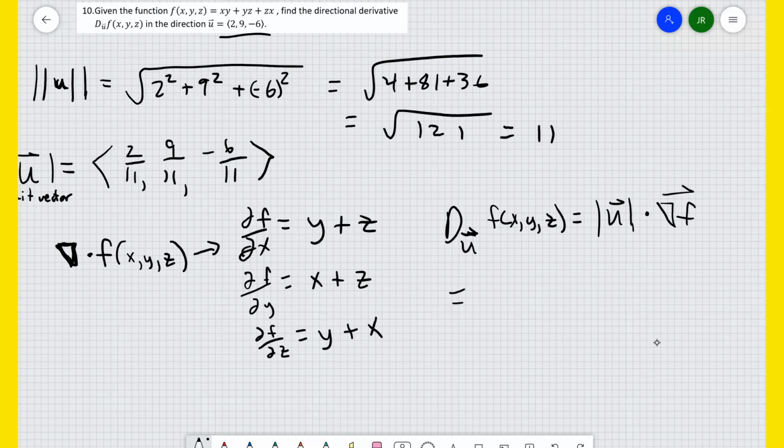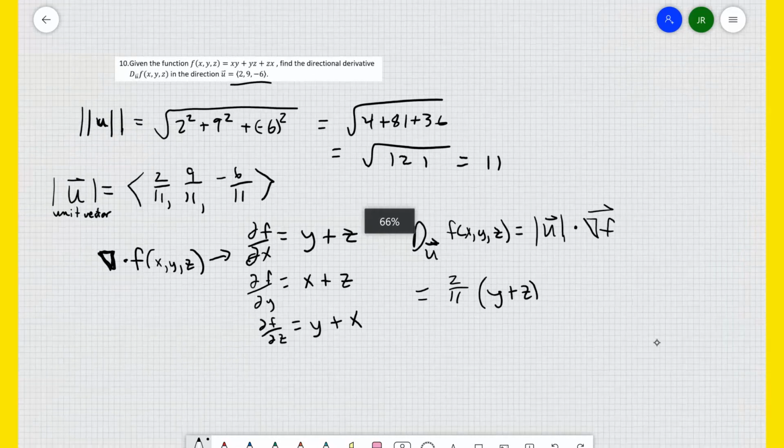So in other words, it's equal to 2/11. That's the x component of that unit vector in the direction of u, times the df dx, times the y plus z. I need some more room.